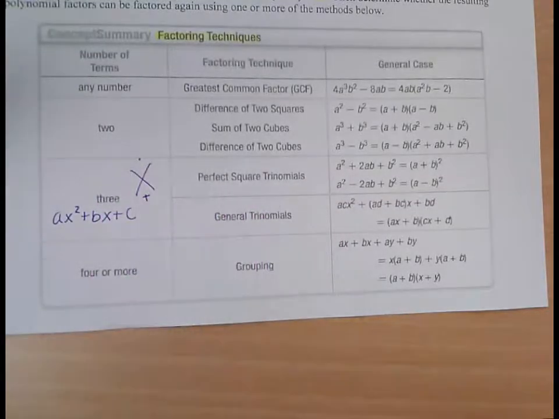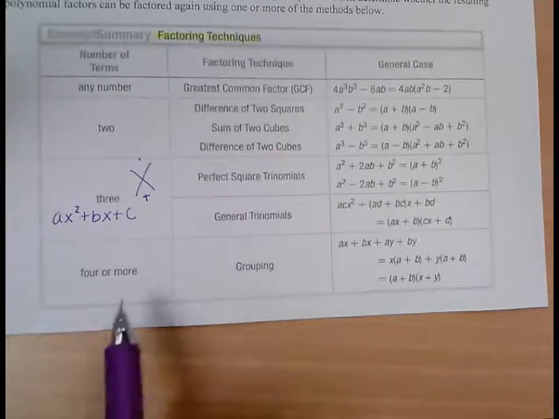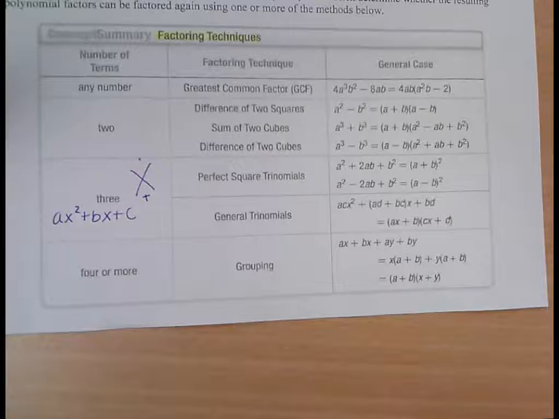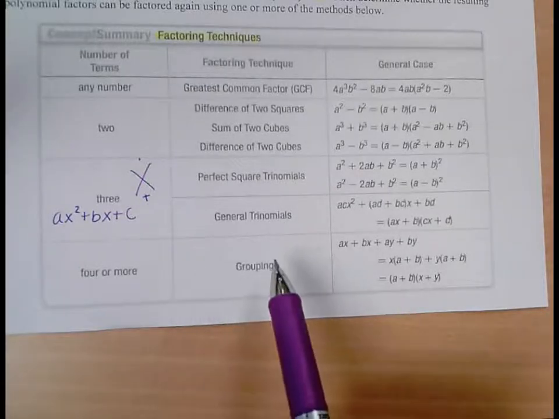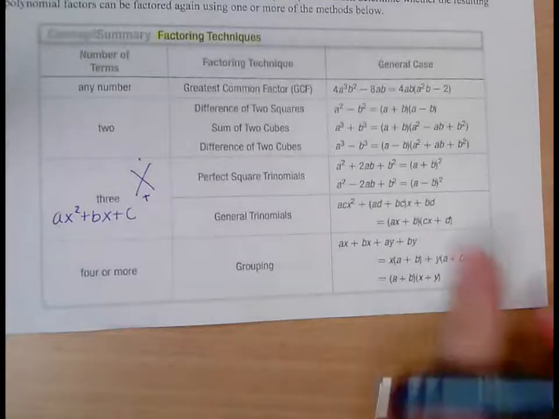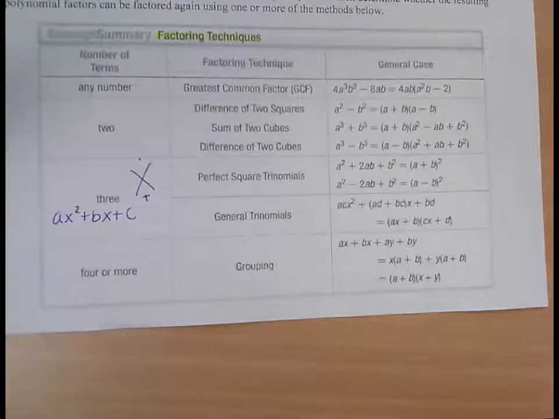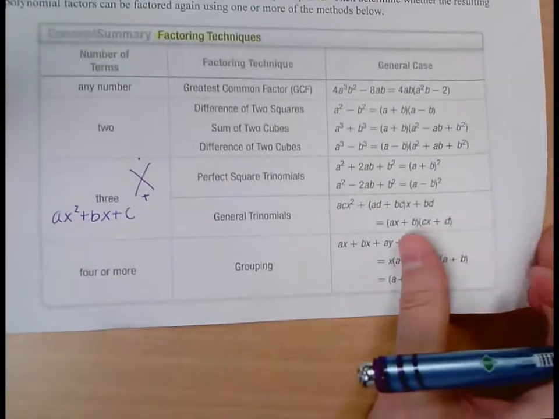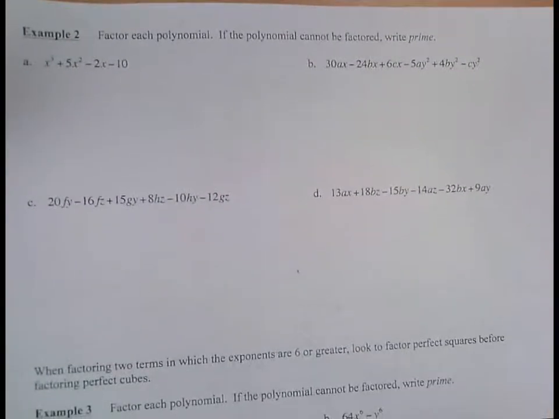Perfect square trinomials are the ones we factored by completing the square. And then if you have 4 or more terms, grouping is the method you should try. And again, if grouping doesn't work, it's prime. So this is what you should reference when you need to. That's why I copied it for you. You have it. But we will now go through more examples putting this together.